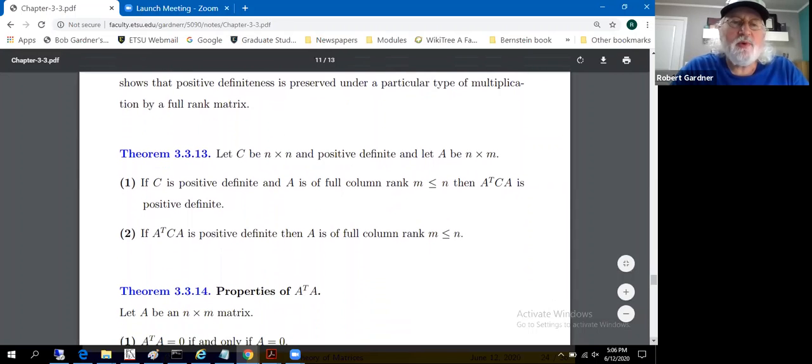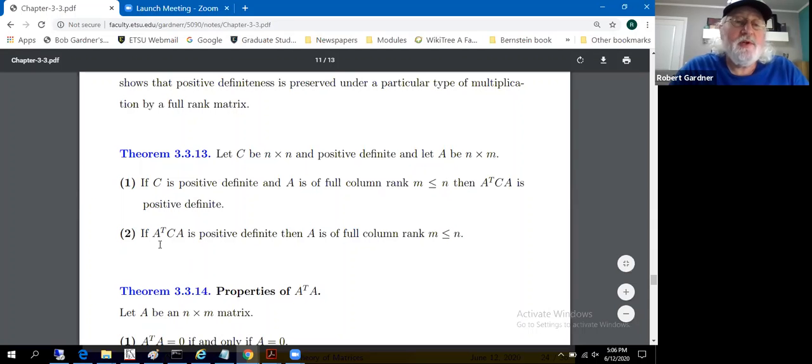Okay, we just saw some preservations of rank, in a sense, by some multiplication by, in a sense, full rank matrices. So the statement is, take C to be an N by N positive definite matrix, and let A be an N by M matrix. If C is positive definite and A is a full column rank, then A transpose CA is positive definite.